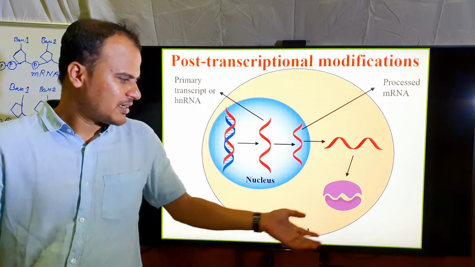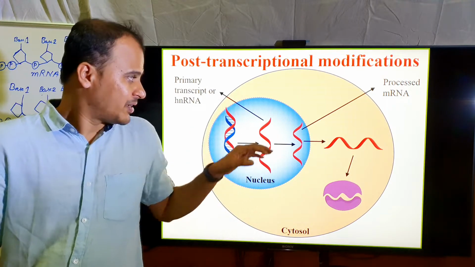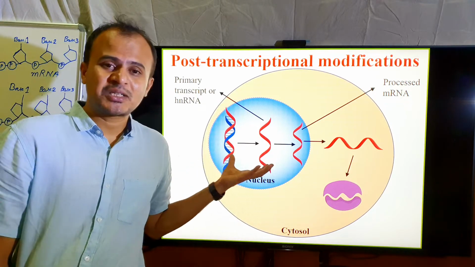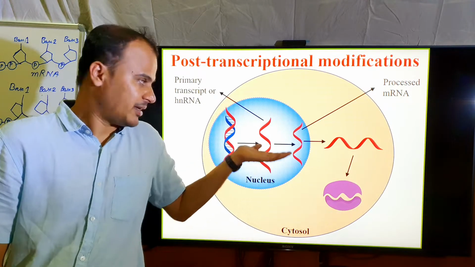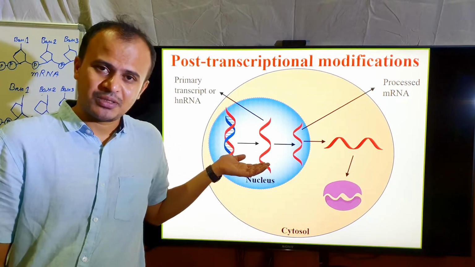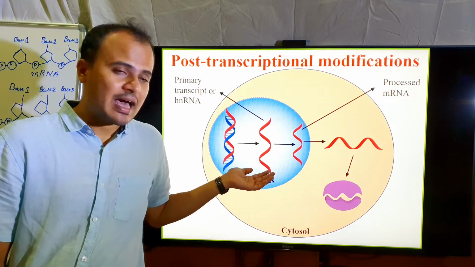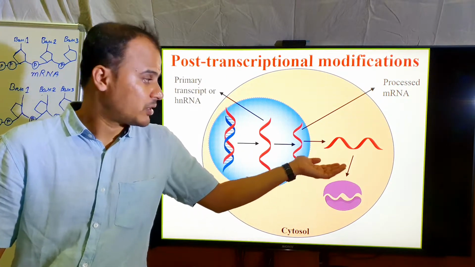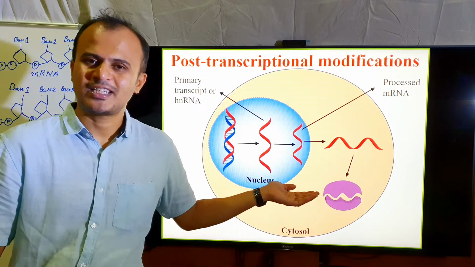This is the typical eukaryotic cell, which has a distinct nucleus. Transcription takes place exclusively in the nucleus, and after the transcription, the product, that is RNA, is sent out of the nucleus to the cytosol for the translation.